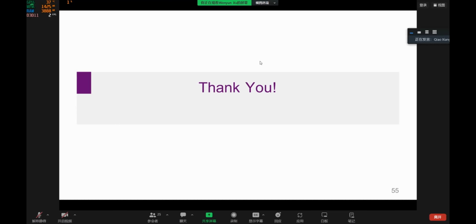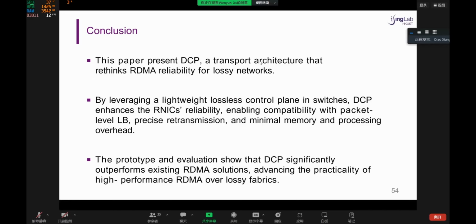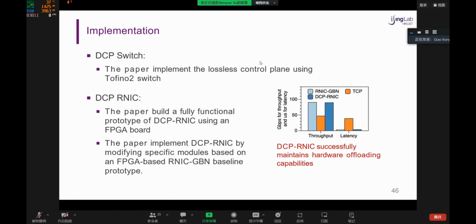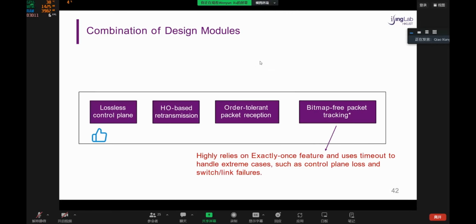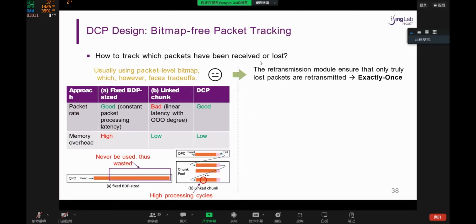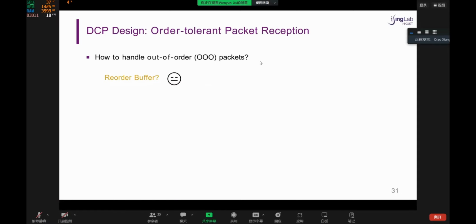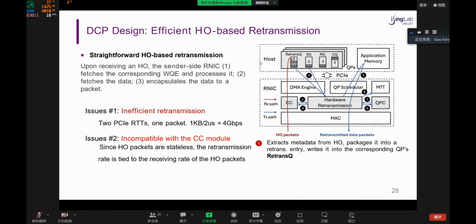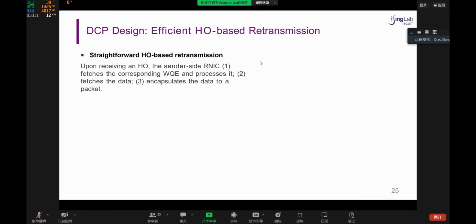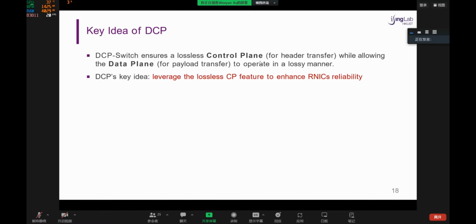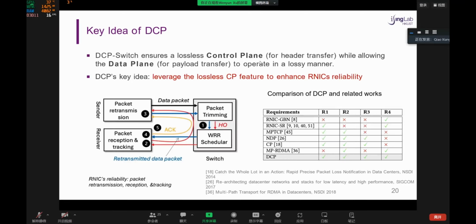For that part, Wenyun, can you go back to the slide where you compared different related work, about what features or requirements we have? I think in the earlier part of the presentation, there's a slide showing four design requirements, right? And there's a table listing many related works to compare.